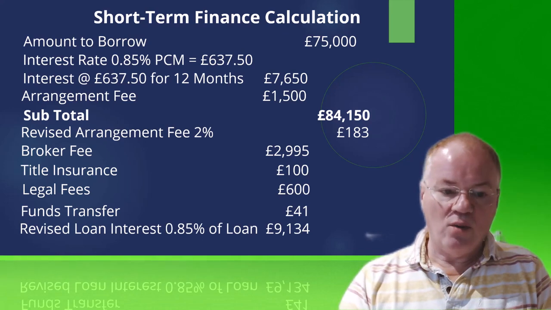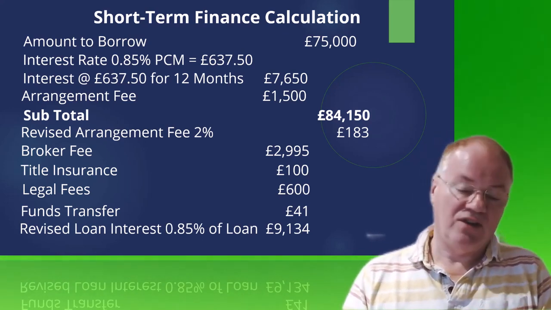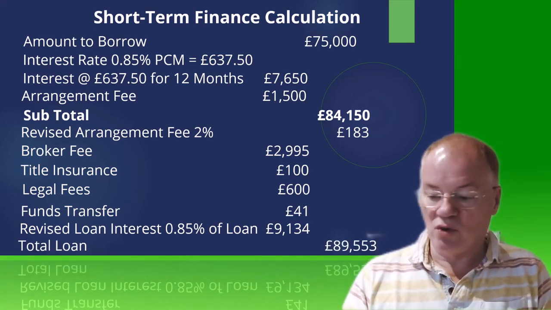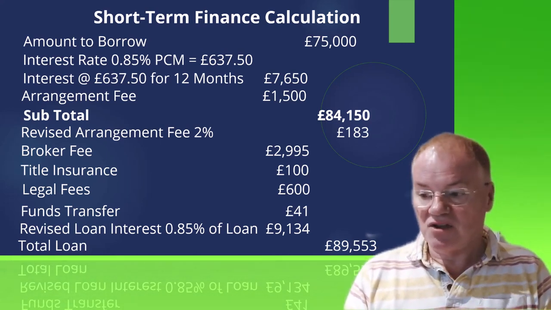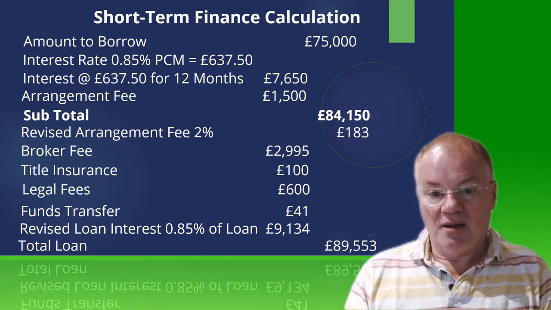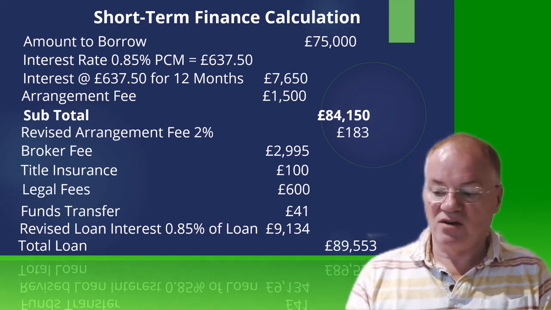And so now what we have is a revised loan interest of 9,134, because this is based on the total loan of 89,553, and so all those charges have been added on. So effectively you are paying all these fees, about 15,000 on the loan of 75,000.